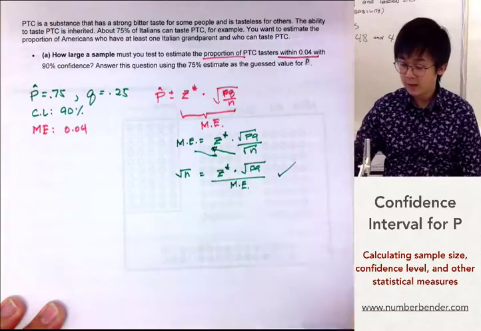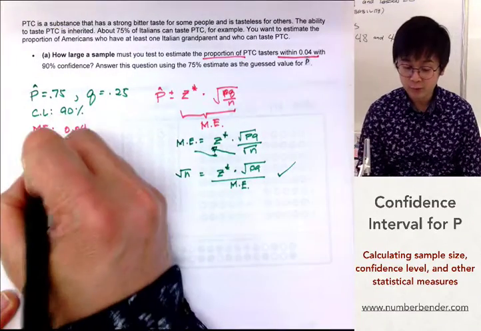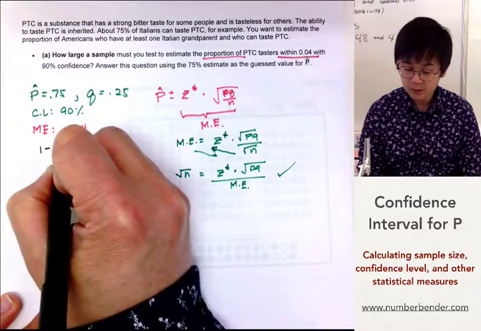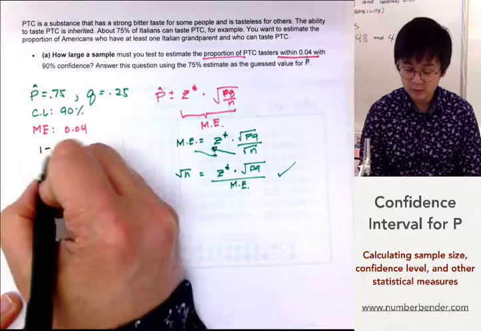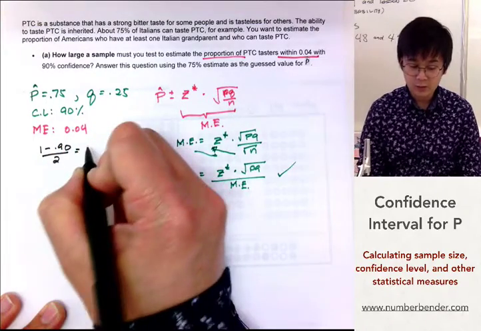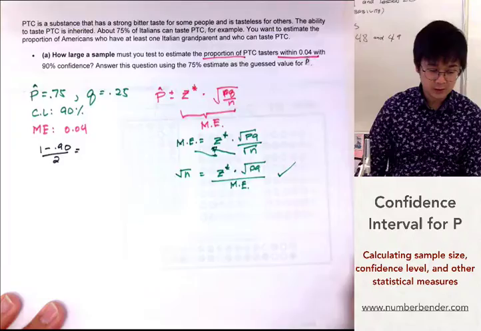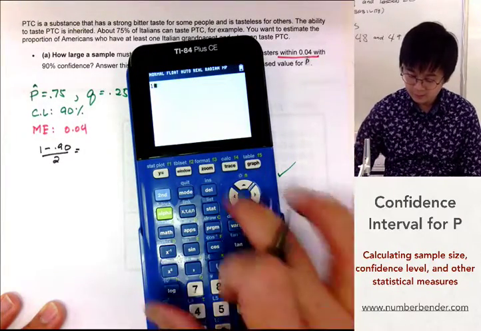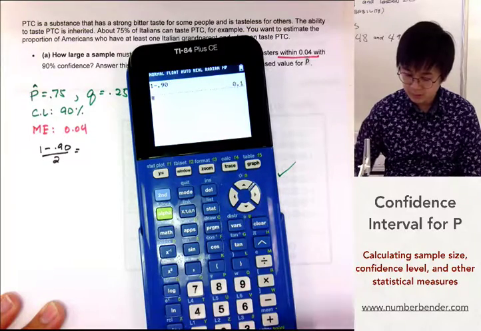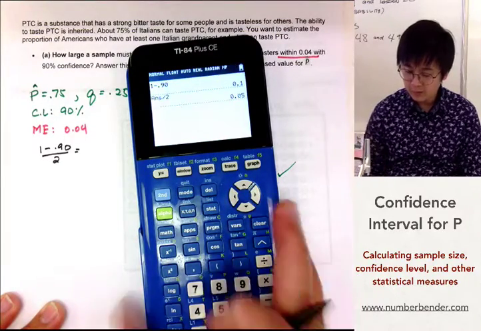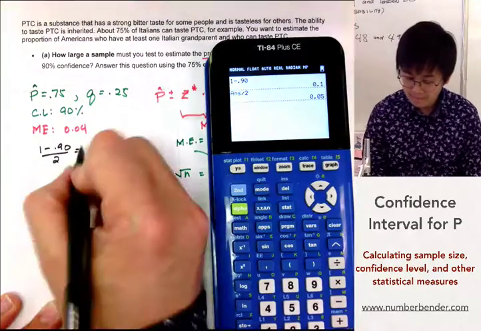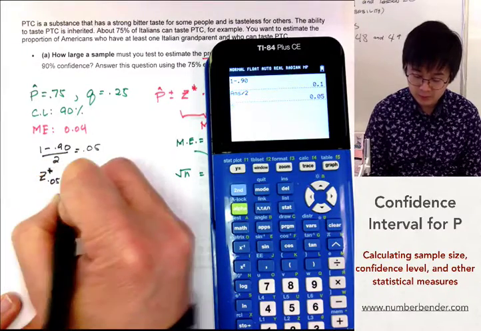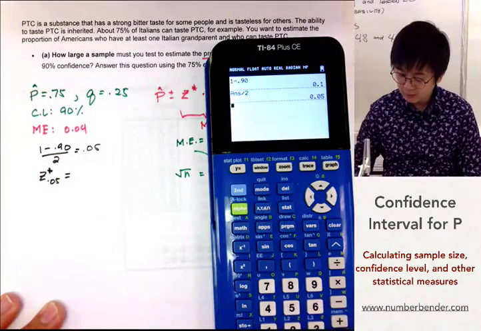We just need to figure out what z star is, and to do that we're going to be using our confidence level. So 1 minus 0.90, since we are using that confidence level, divided by 2, using our calculator, is 0.05, and we're going to find z star at 0.05 using our calculator.